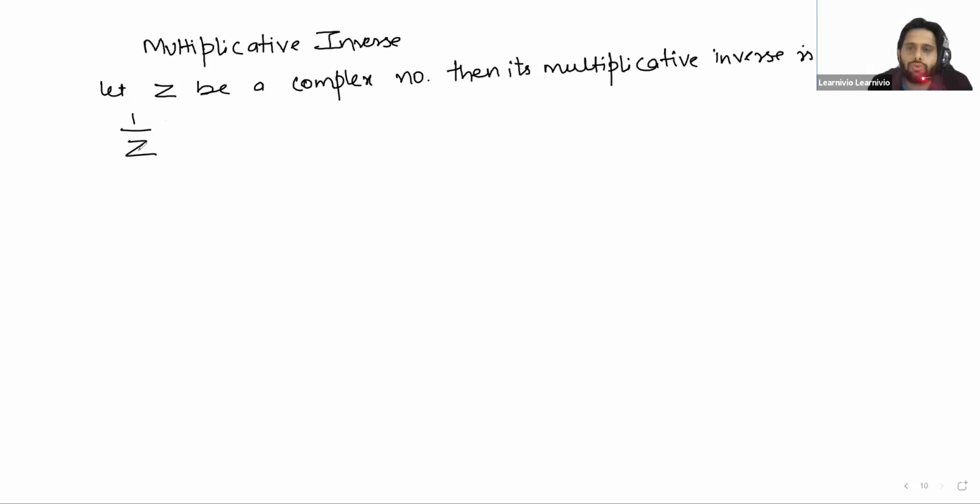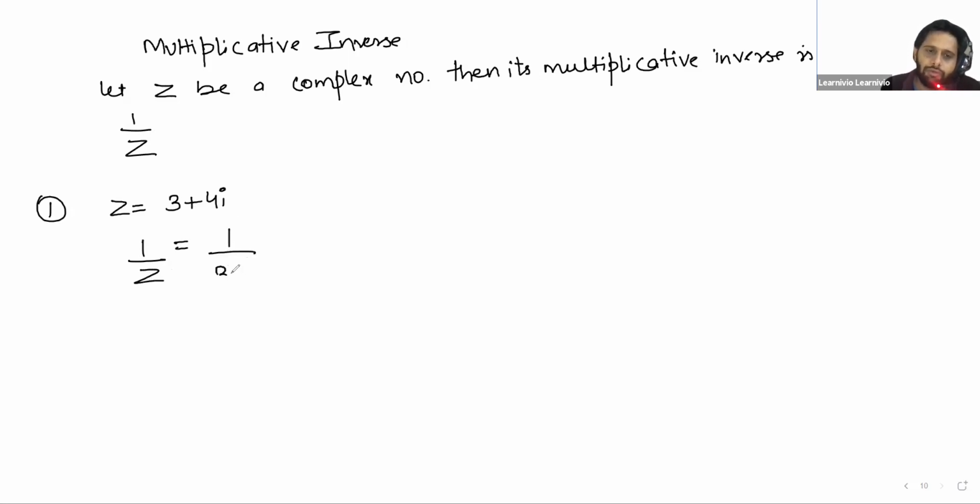Okay, so this is 1 by Z, but we already know that we always write the answer in standard form. For example, Z is equal to 3 plus 4 iota. What is the multiplicative inverse of this? 1 by Z, which is equal to 1 by 3 plus 4 iota. This is not a standard form, so we will rationalize this. Multiply by 3 minus 4 iota over 3 minus 4 iota.